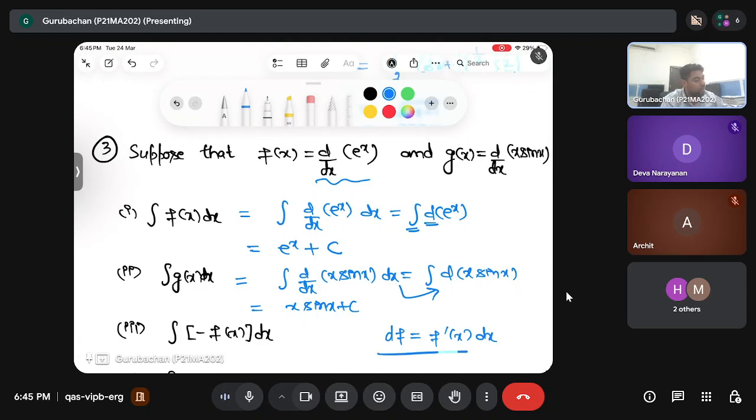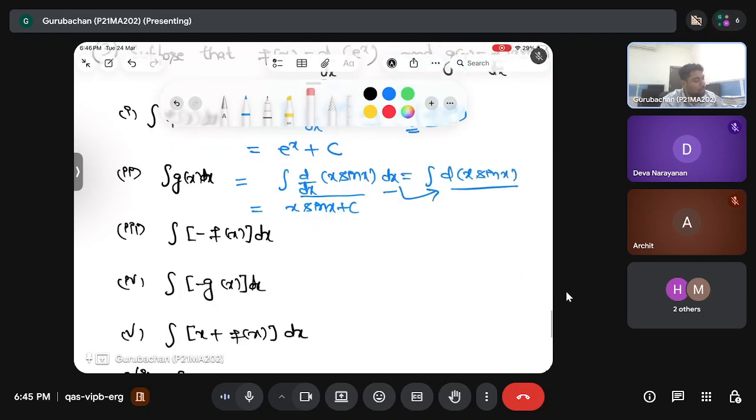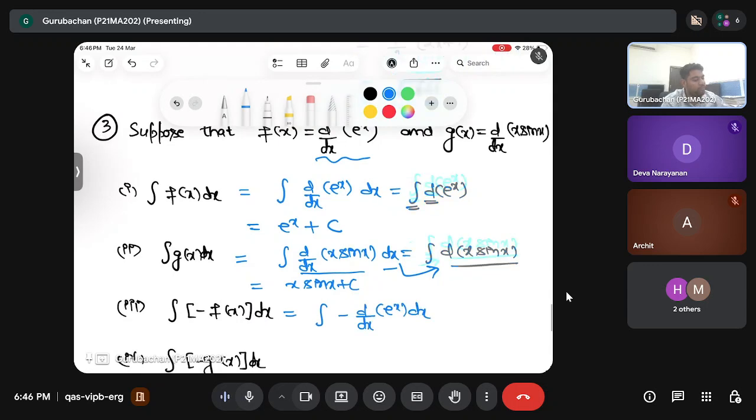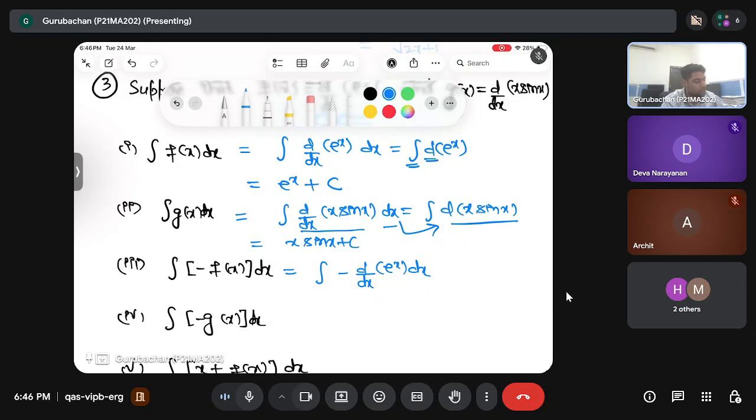So in the same way, this is f dash x dx, then this will be the d of this function, differential of this function. So what will be the minus sign of this? Minus d. One way is to use the properties of integration, and another way is to use the properties of differentiation.